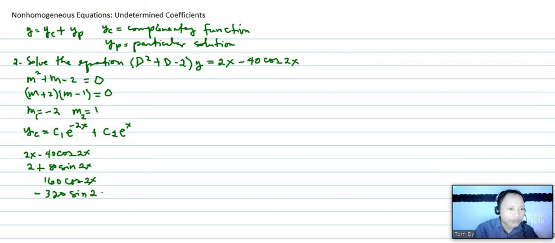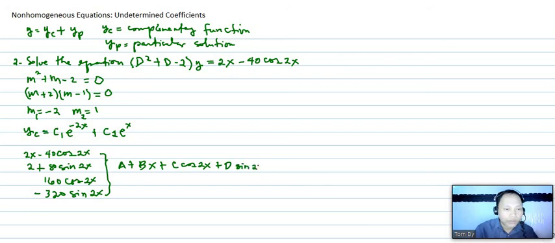Sine 2x. If you have noticed, our undetermined coefficients must be contained with ax, and then we have a constant. So we have a plus bx plus c cosine 2x plus d sine 2x.